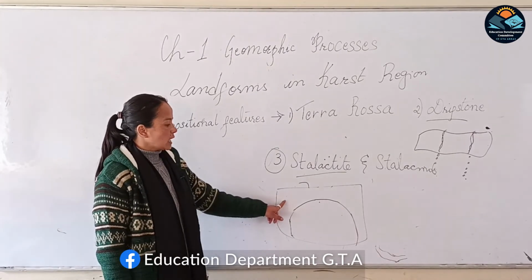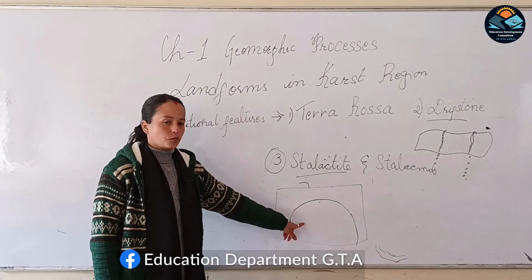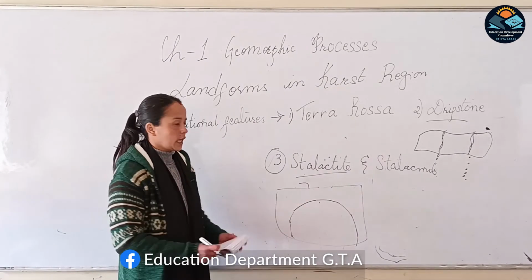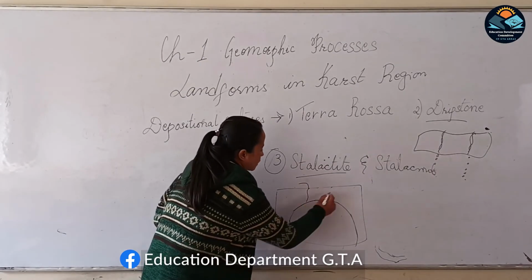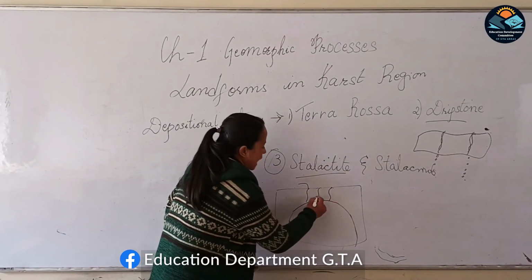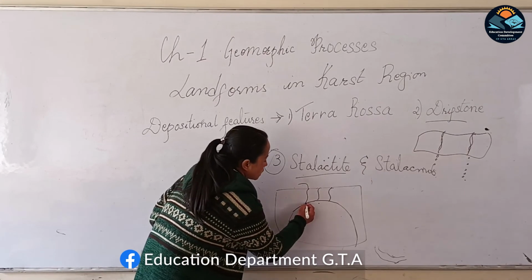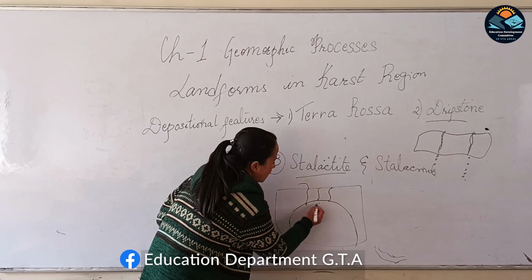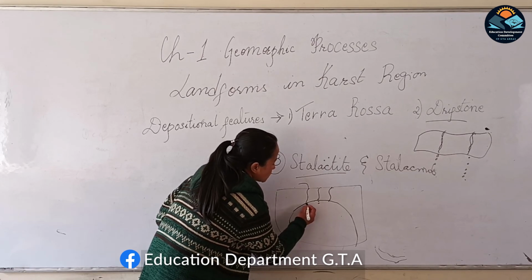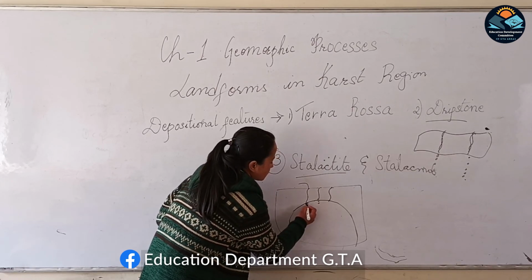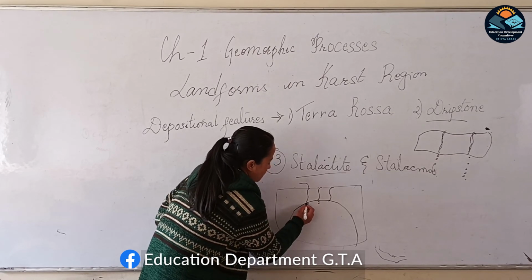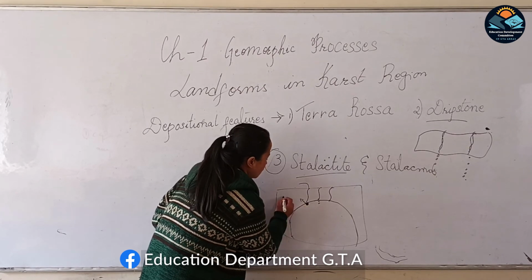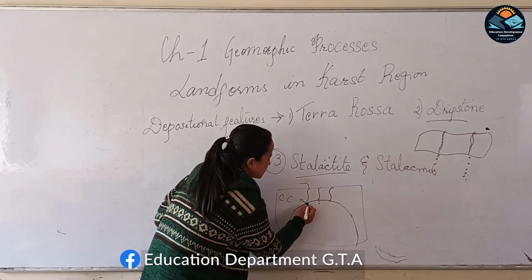In the karst region, huge caves are formed under the ground. The roof of these caves has many joints and cracks. Through these joints and cracks, the water enters, percolates, and starts to drip drop by drop. As the water drops from these joints, partially the water evaporates and a small amount of calcium carbonate remains there.